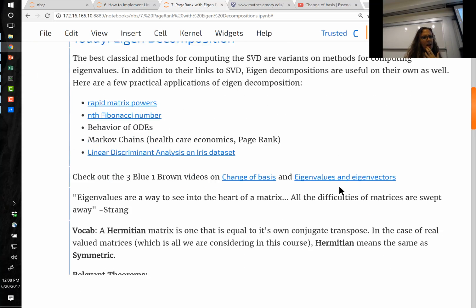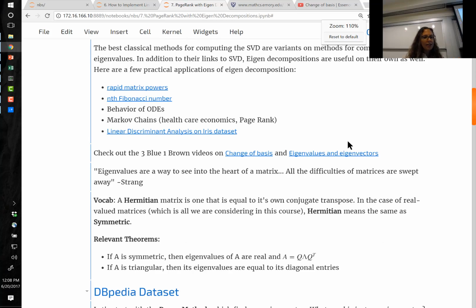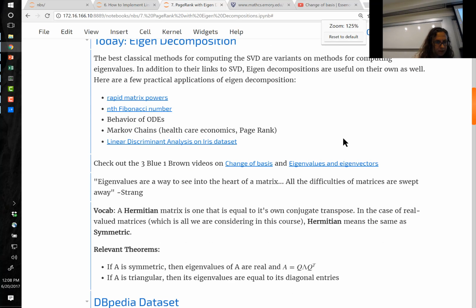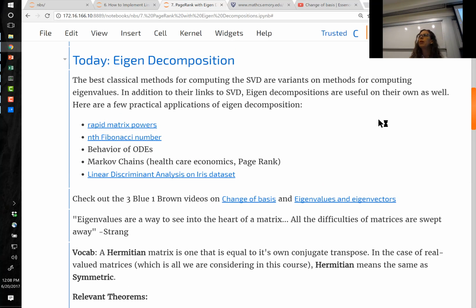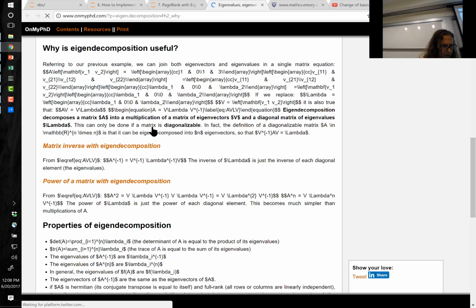The best classical methods for computing the SVD are all variants on methods for computing eigenvalues. And eigen decompositions are useful on their own as well. So a few practical applications of eigen decompositions. One is rapid matrix powers.